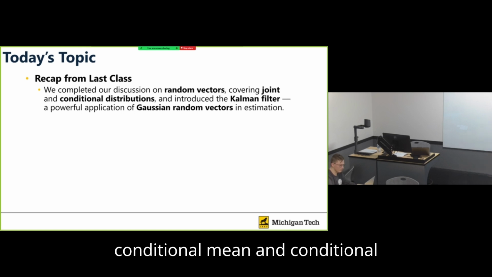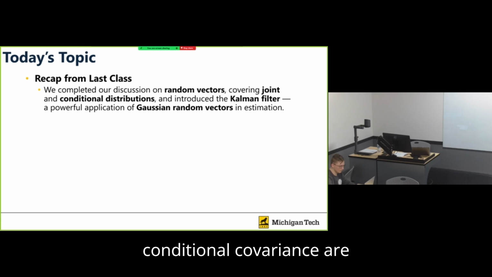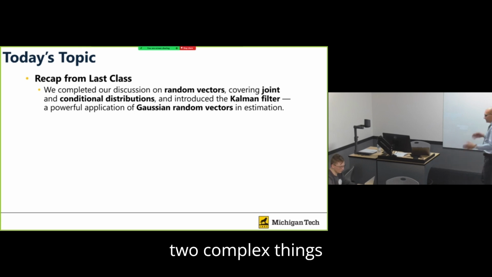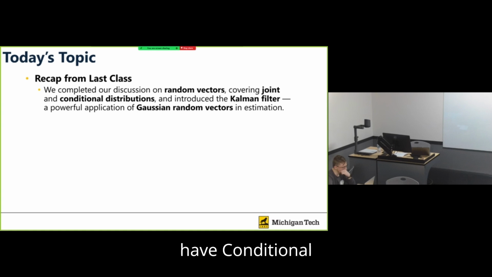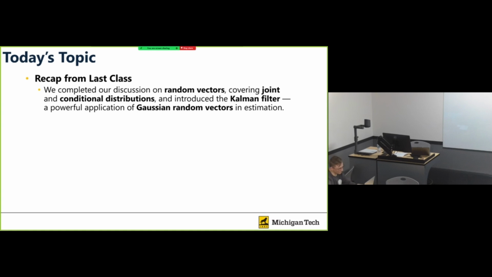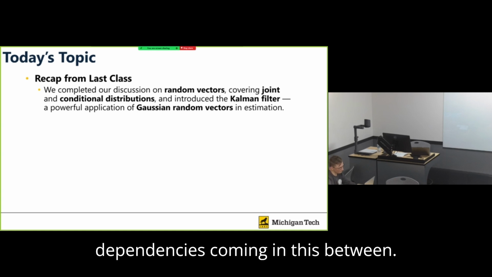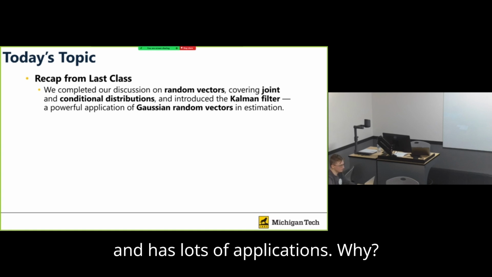We also even finished the conditional mean and conditional covariance. Conditional mean and conditional covariance are two complex things that we always have, because conditional means something given something, some dependencies coming in between. It's two random vectors and has lots of applications. Why?